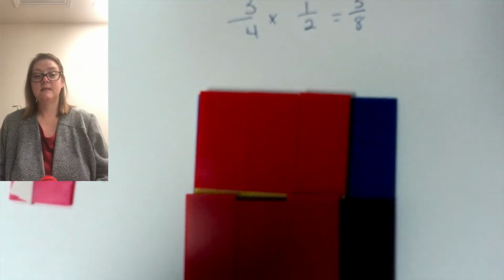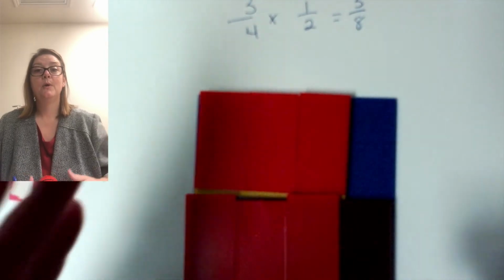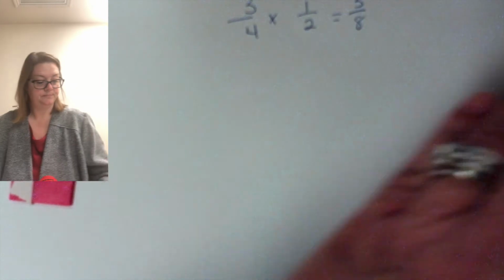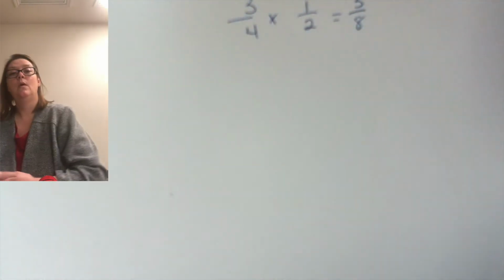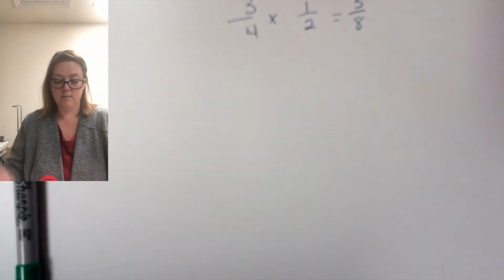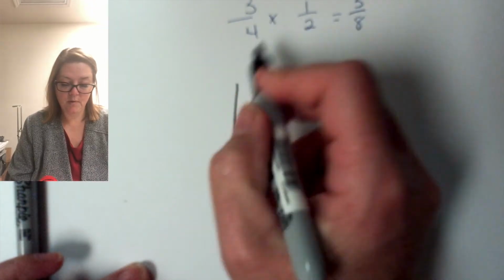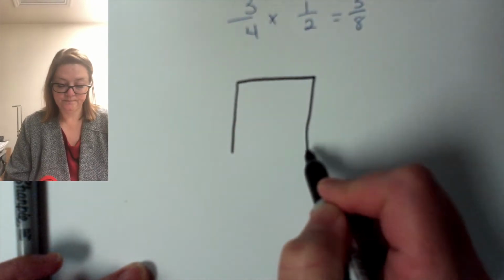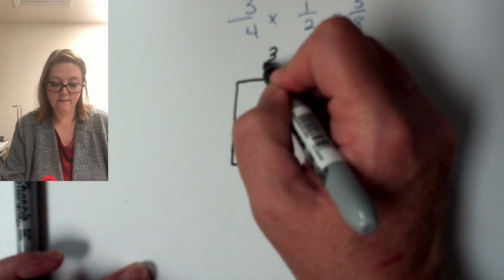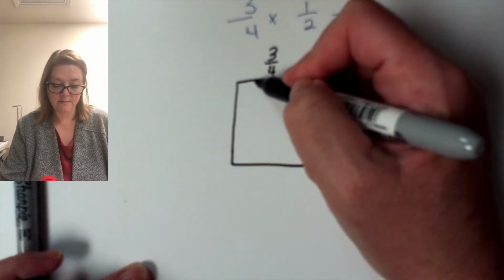Now let's look at that using some color coding. If I'm doing color coding, first of all, I'm going to use some squares or rectangles. It'll probably be a rectangle because I'm not really good at drawing. So let's draw my rectangle. And 3/4 is what I want to color in this way.